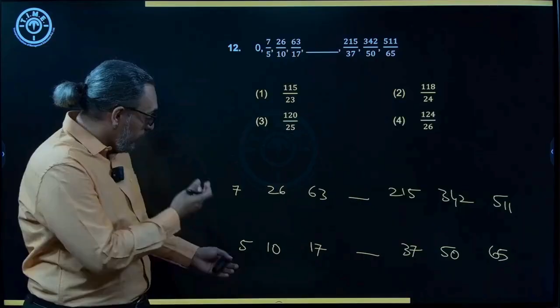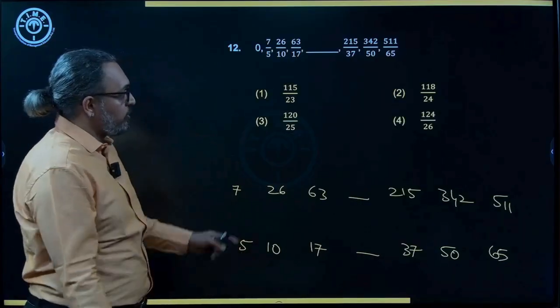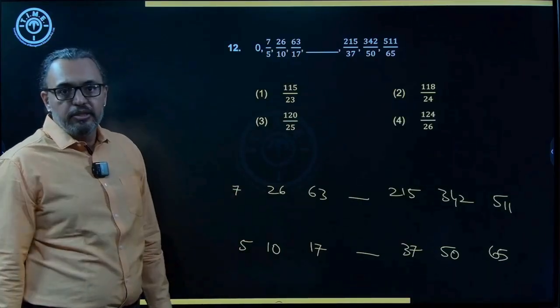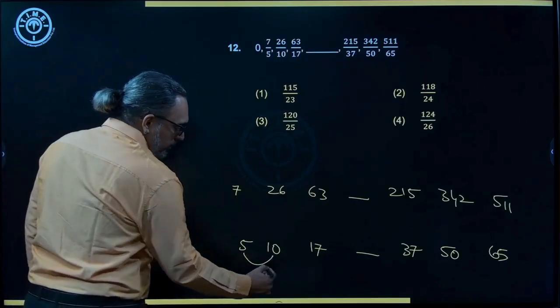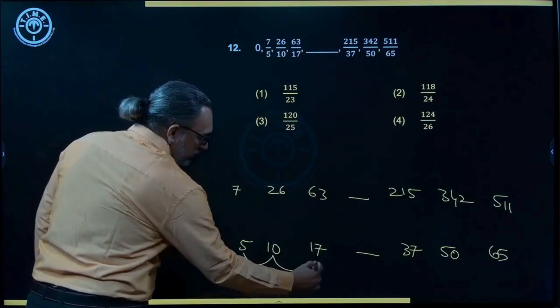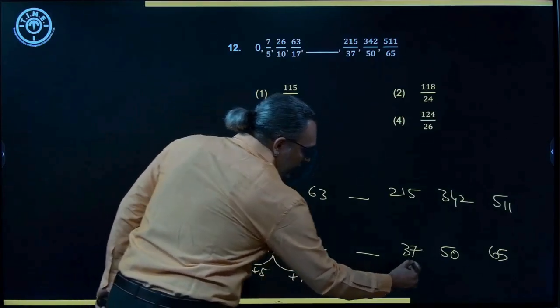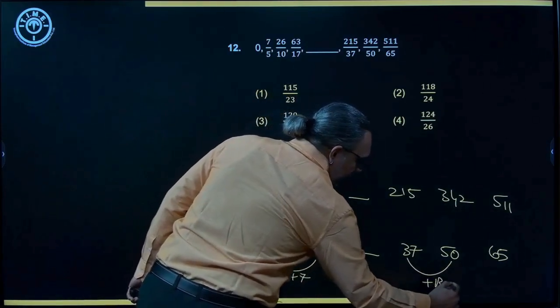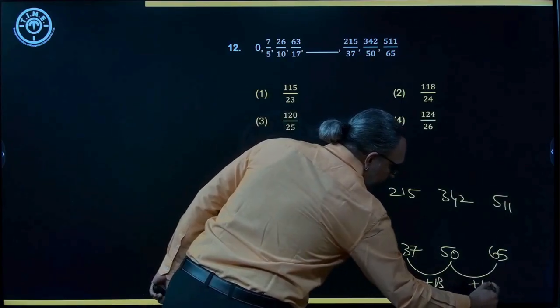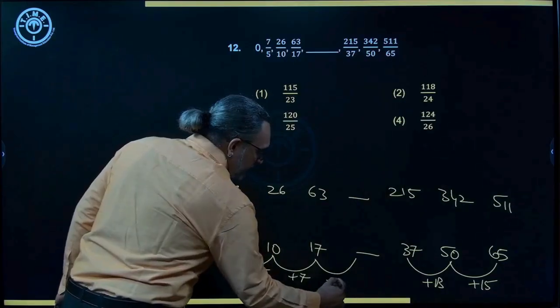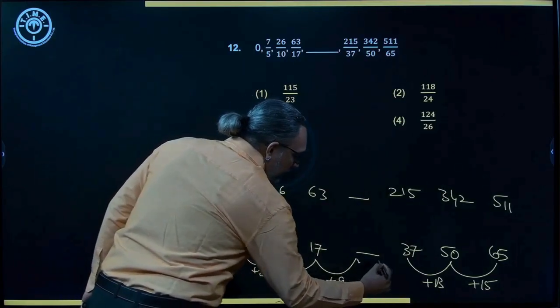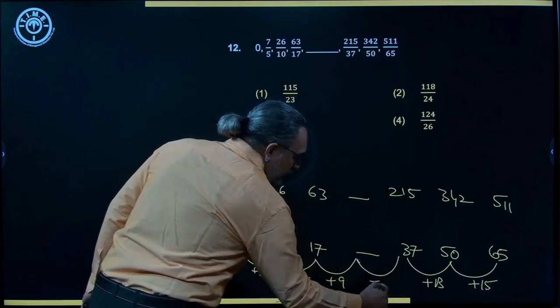Now see the denominator, because when you look at your options, the denominator is not repeating. So I can check the denominator. So here it is plus 5, and this is plus 7, then this is plus 13, then this is plus 15. So can I say they all are odd numbers? So that means this is plus 9, and then from here to here this is plus 11.